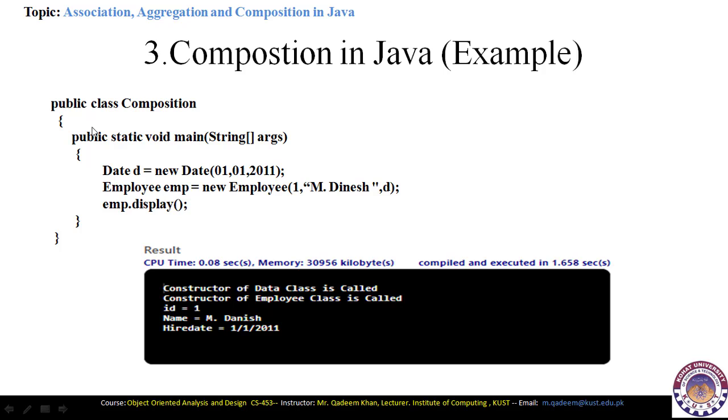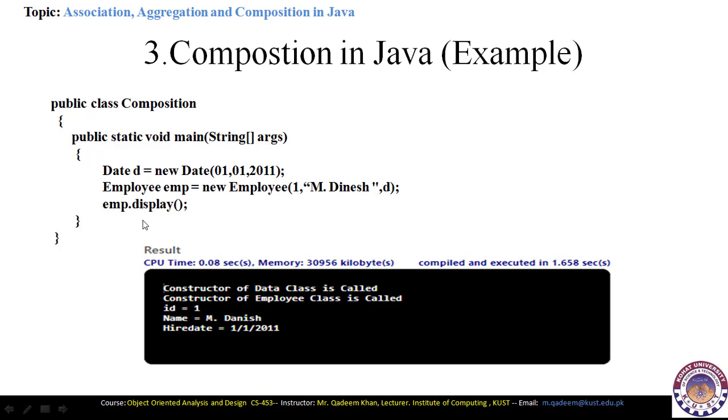Now this is another class, public class Composition. This class will perform the composition relationship between the Date and Employee classes. Here we have instantiated a new Date object and passed the parameters 01, 01, 2000. Then new Employee 1, M Danish, d. Here we have passed d, the object, in the parameter list of the Employee constructor.